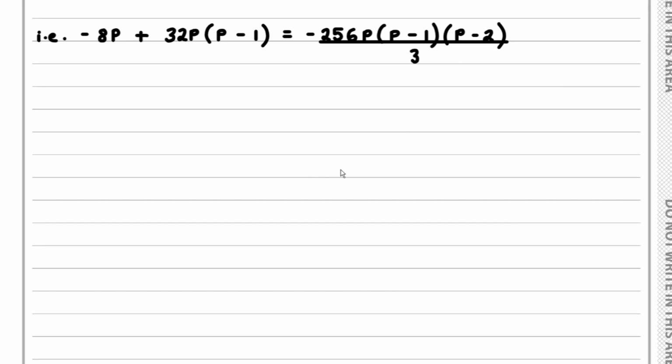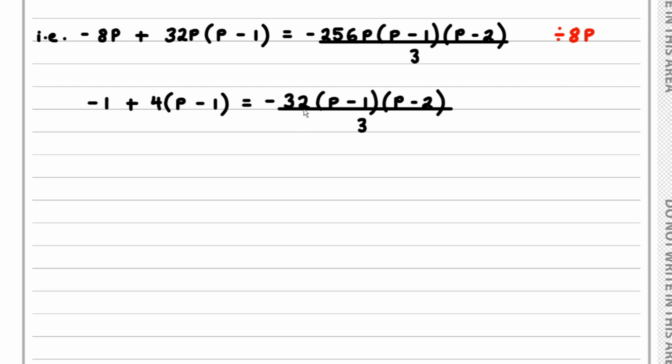If we divide each term by 8p, then we have −1 + 4(p − 1) equals −32(p − 1)(p − 2) over 3.